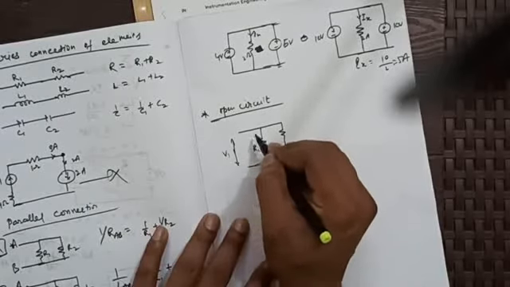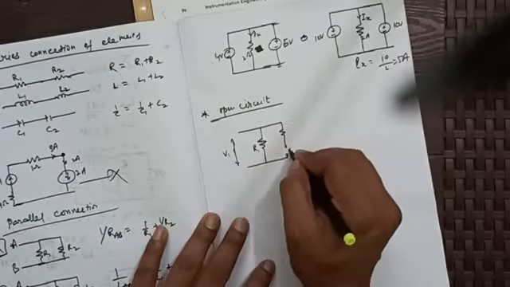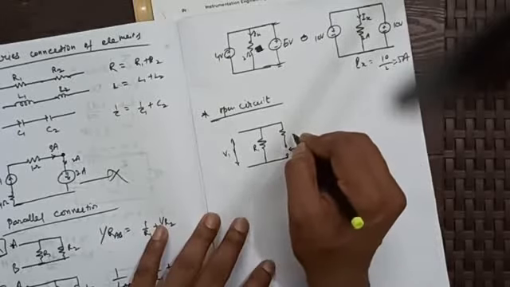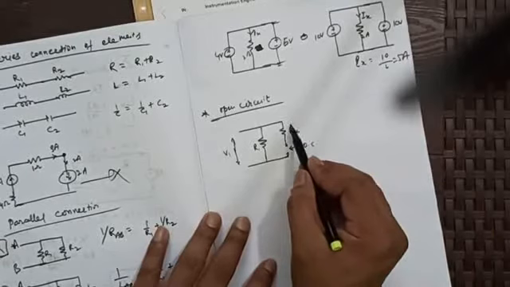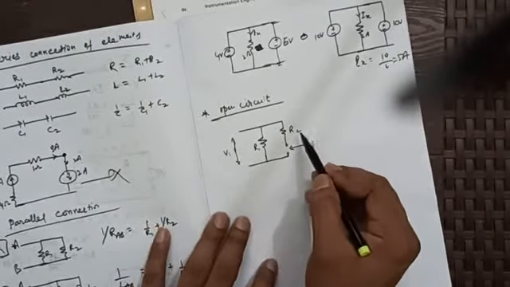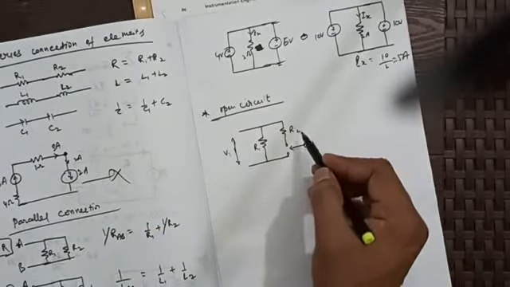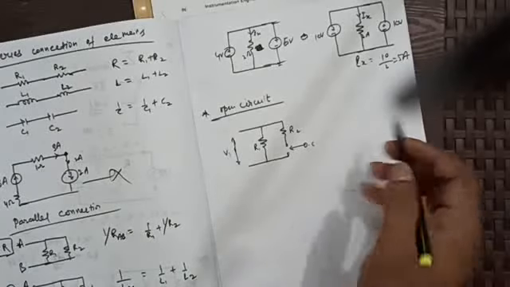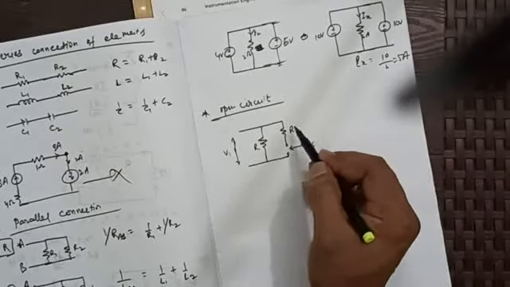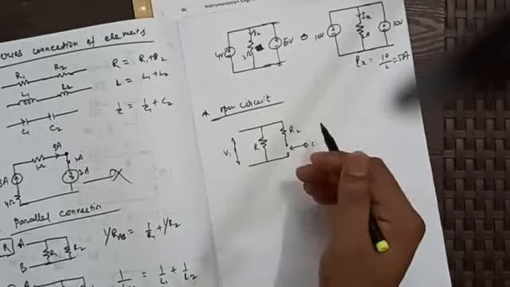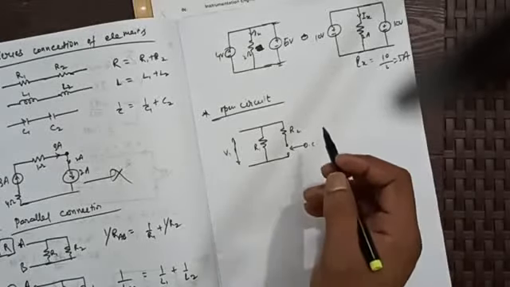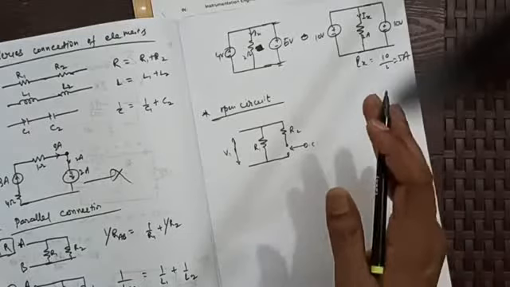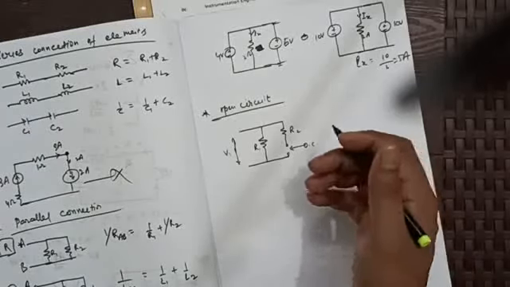This is V1, this is open circuit R2. Now we can neglect this resistor, as it acts as a redundant resistor. No requirement of this resistor, or no role in this circuit. Why? Because no current will flow through this. So a passive element connected in series with an open circuit can be neglected.